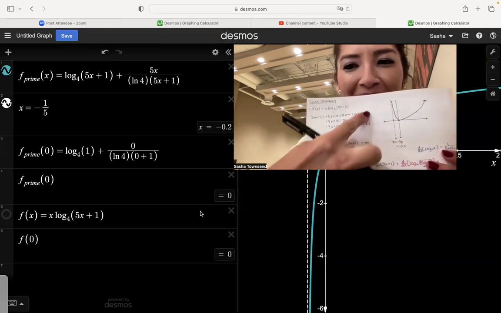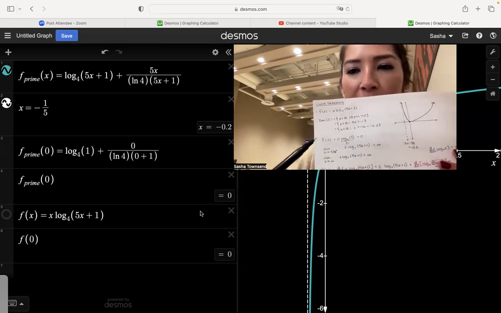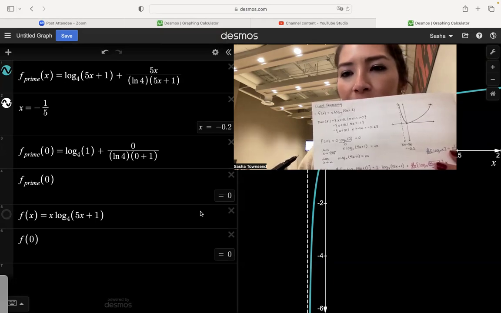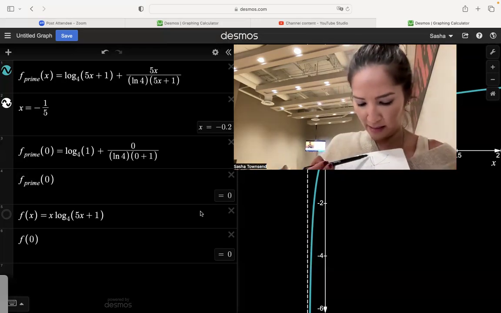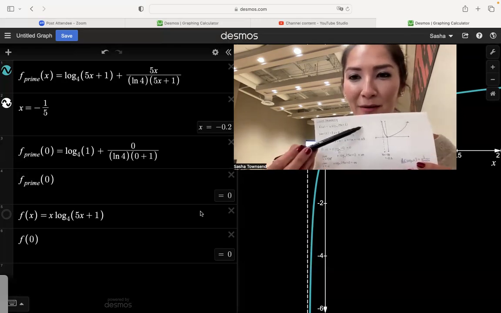It's hard to do. The function goes to infinity near the asymptote, and as x goes to infinity, the function goes to infinity. It's concave upward the whole time, decreasing on this interval, and increasing on this interval.